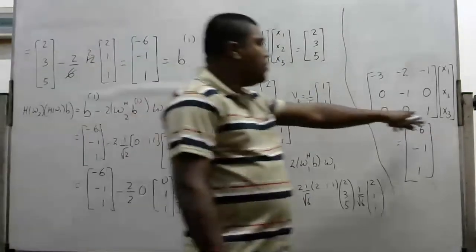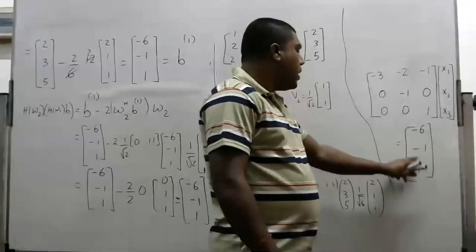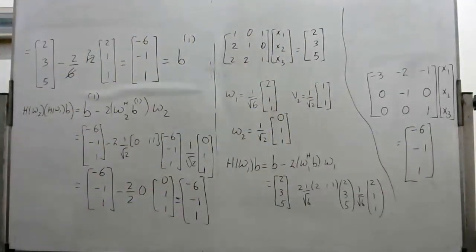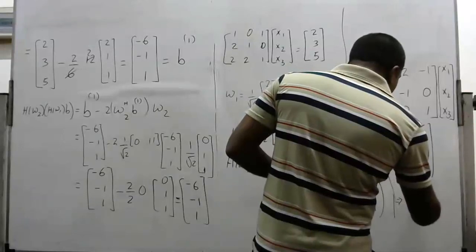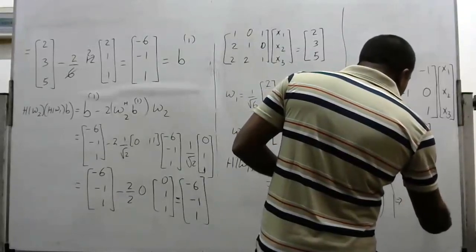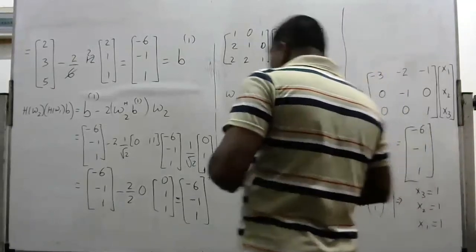The last equation gives you x3 is 1. The equation before that gives you x2 is 1. And then if x2 and x3 are 1, from the first equation you get x1 is 1. So x3 is 1, x2 is 1, and x1 is 1.